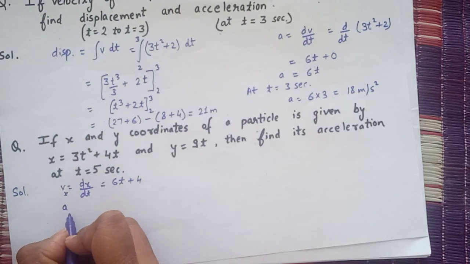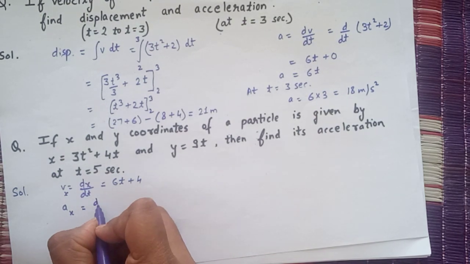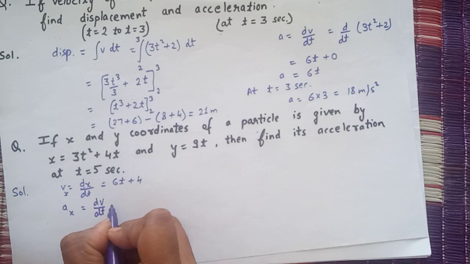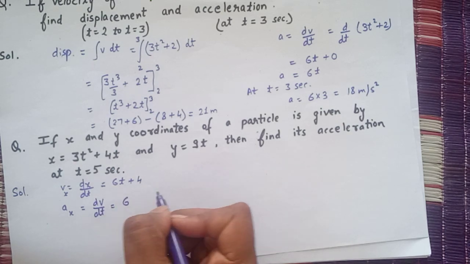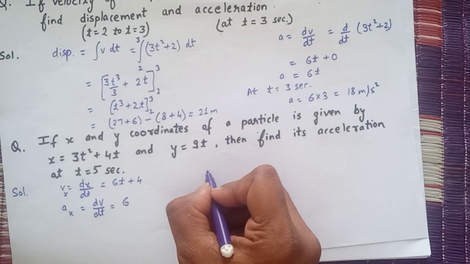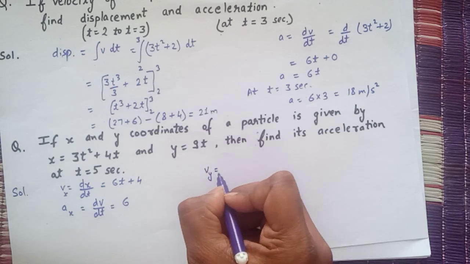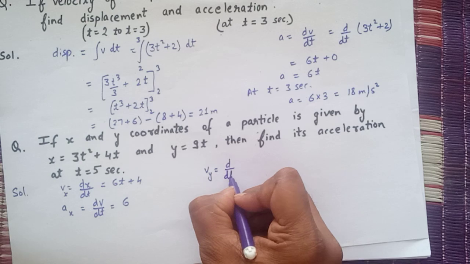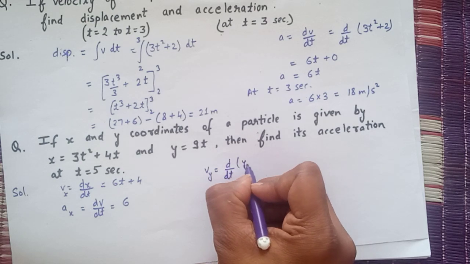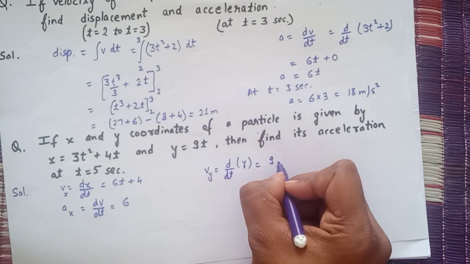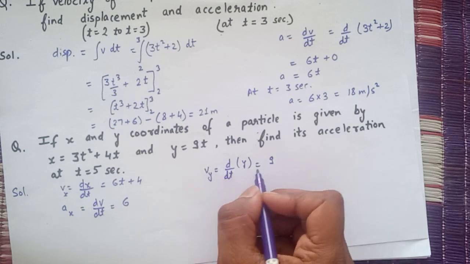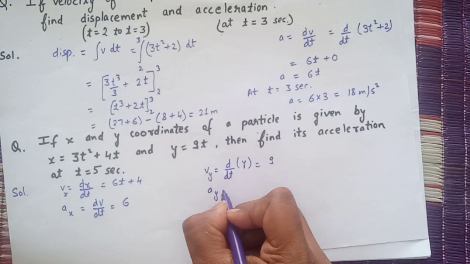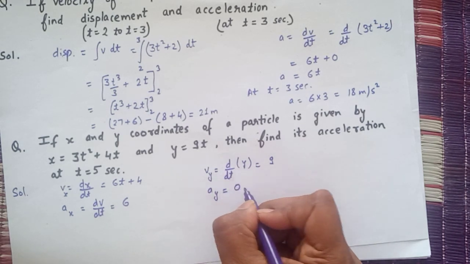Similarly, acceleration in the direction of x will be again the differentiation of the velocity. It will be 6. Then for y, velocity in y direction will be differentiation of y. It will be 9 only. This is the velocity in y direction, and acceleration in the y direction, since it is constant, will be 0.